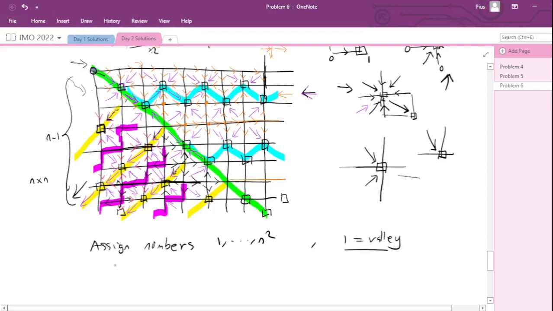So next, this is the algorithm. Just repeat this each time. So we're going to take a look at the vertices.